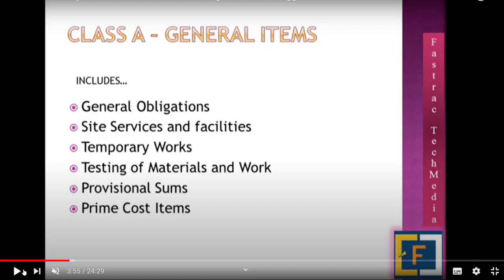So in class A, site services and facilities, temporary works, testing of materials and work, provisional sums, prime cost items. So these six types of items are considered as general items.